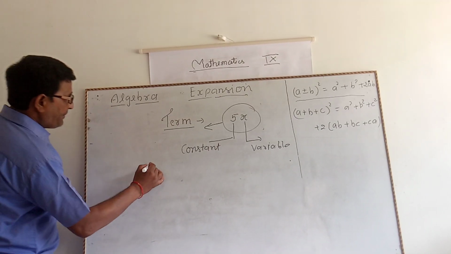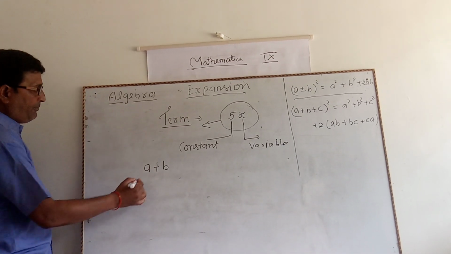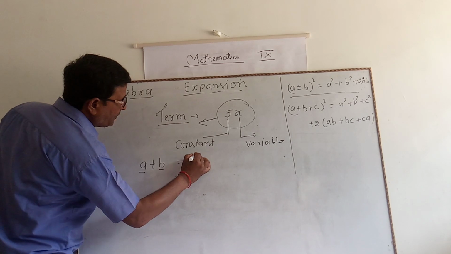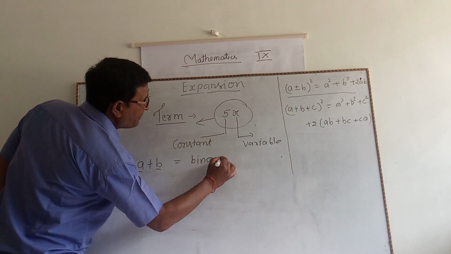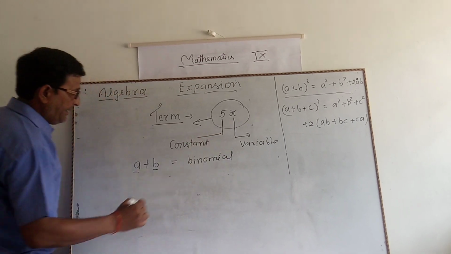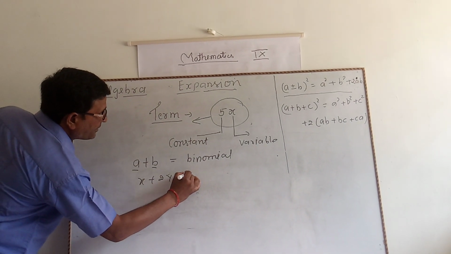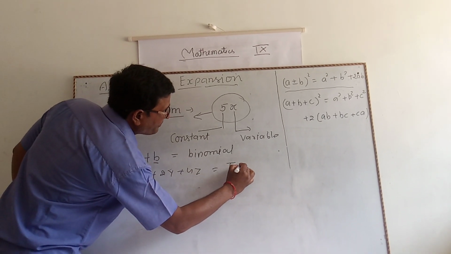Now I have written a plus b. This is a combination of two terms, a and b, so it is known as a binomial. Now x plus 2y plus 4z is known as a trinomial.